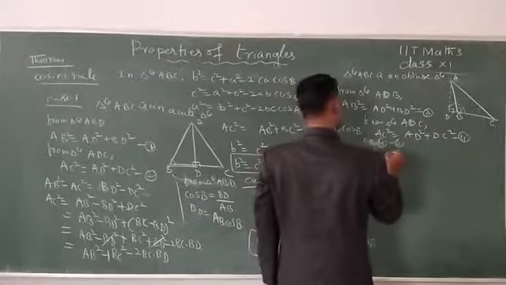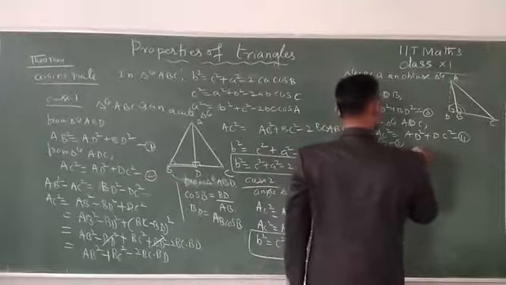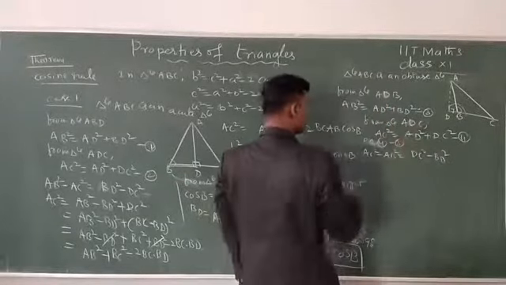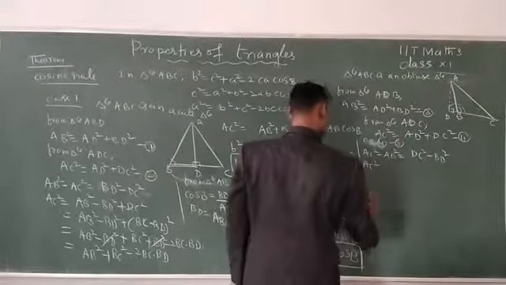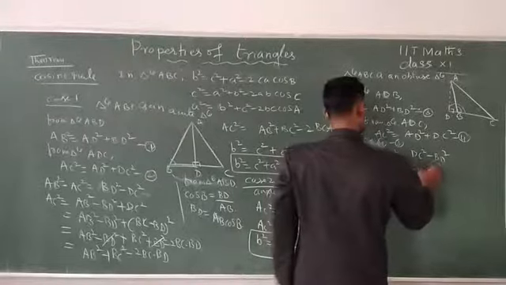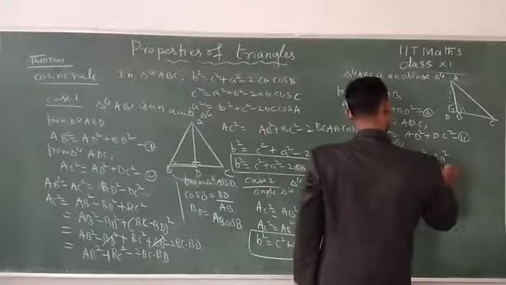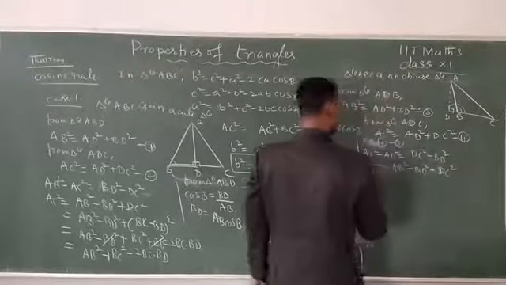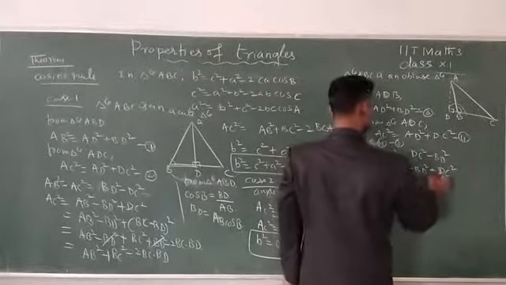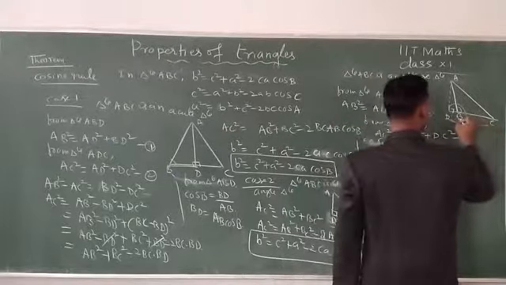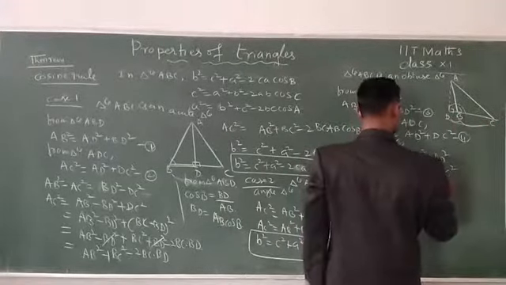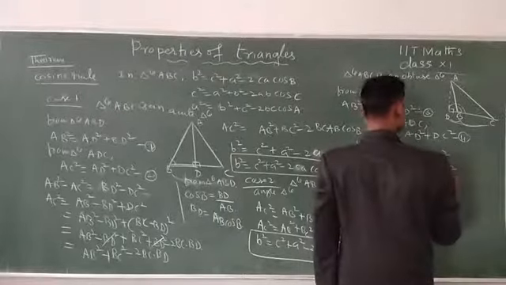AC square minus AB square is equal to DC square minus BD square. This AD cancels again. Now AC square is equal to AB square minus BD square plus DC square. Now DC is written as DB plus BC.